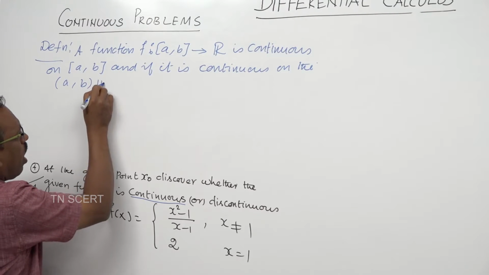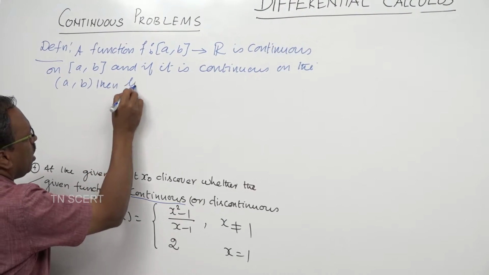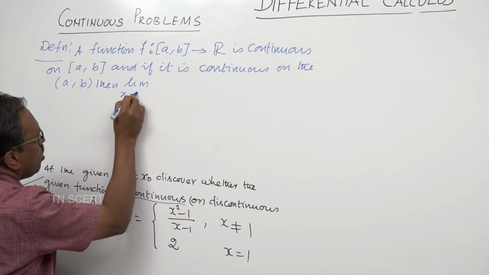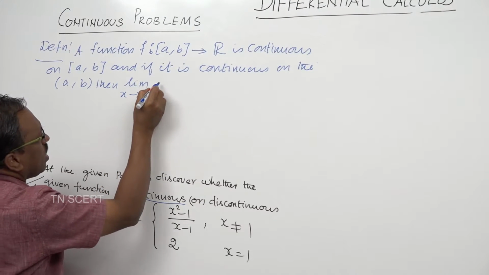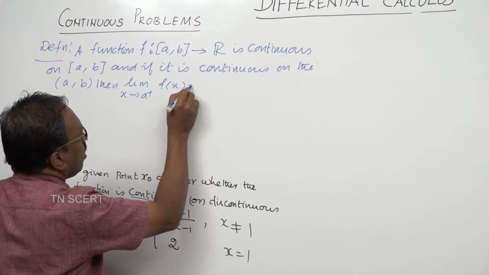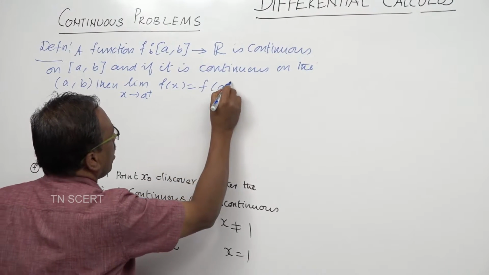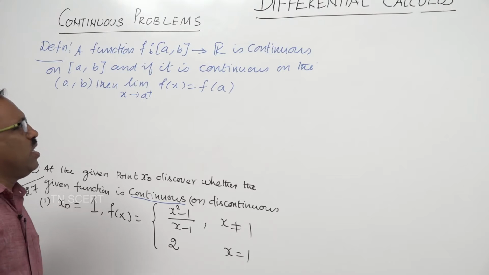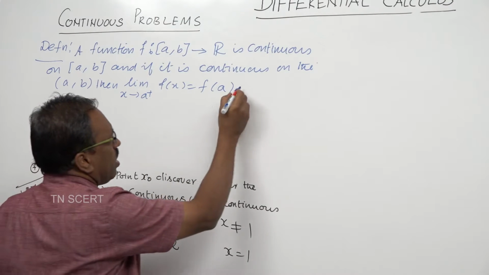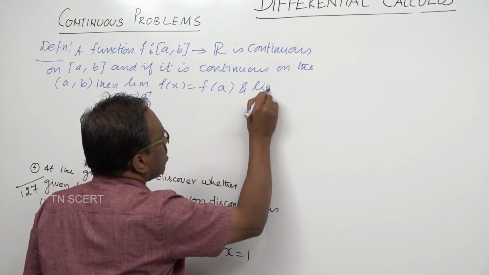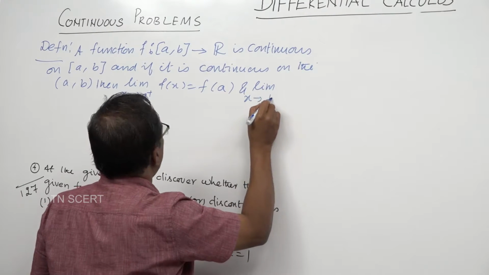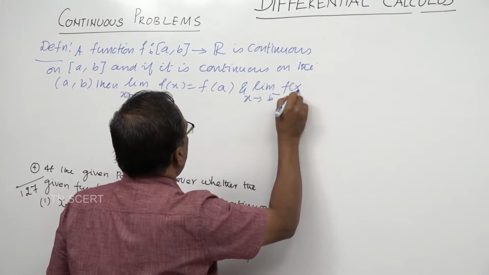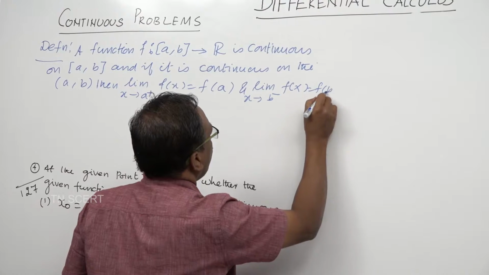then I wish to define that limit as x tends to a plus of f of x is f of a, remember that, and limit as x tends to b minus of f of x equals f of b.